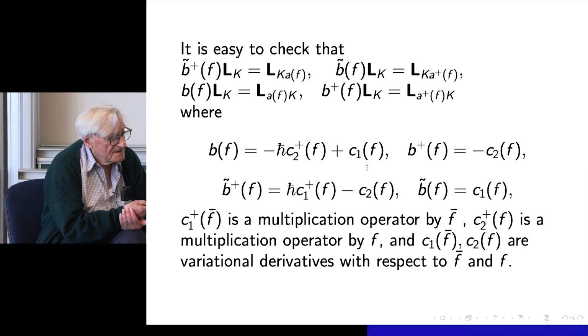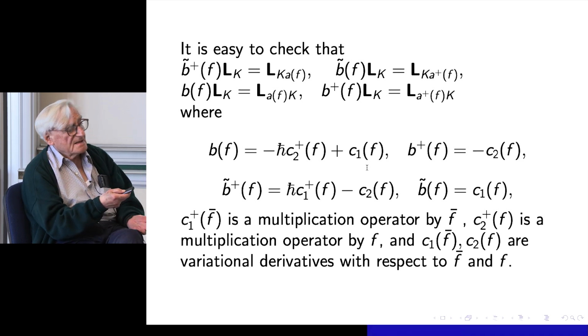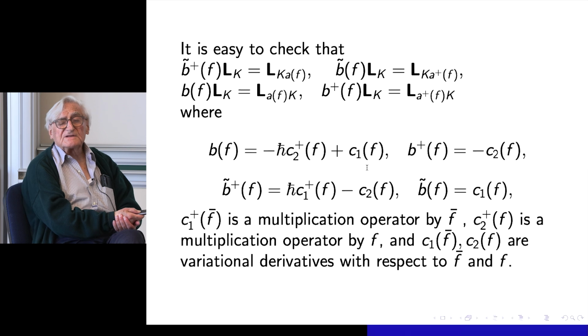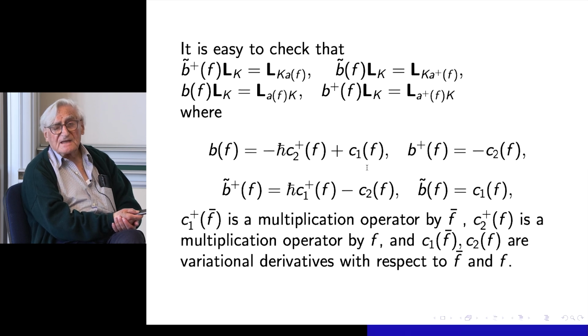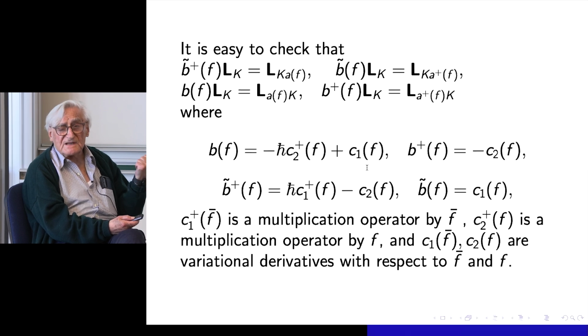So I took operators ak and a star k. I can multiply these operators, take the composition of them, then in the L functionals we have the composition of the corresponding operators.